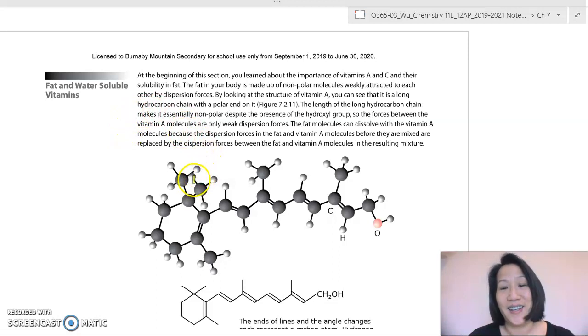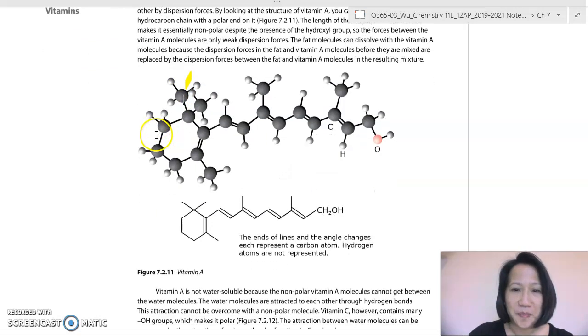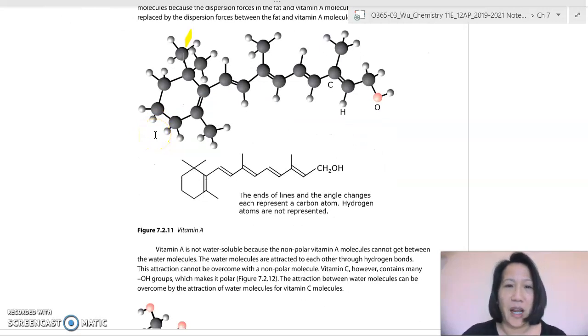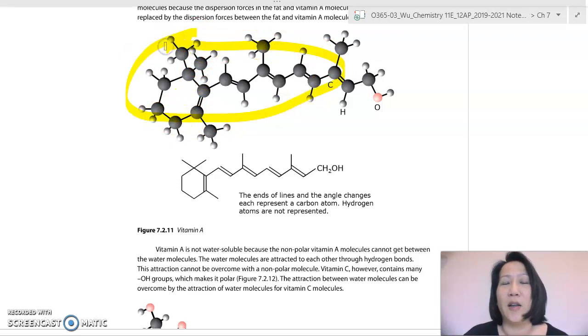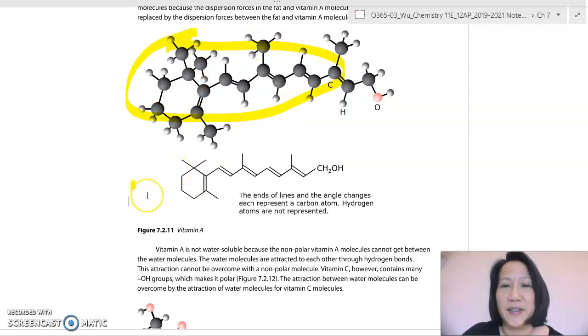So I think this links back to the vitamin interesting tidbit at the very beginning, that interesting tidbit about our fat and water soluble molecules. Vitamin A is a very large molecule. Take a look at this long chain of hydrocarbons here on the left-hand side, right?